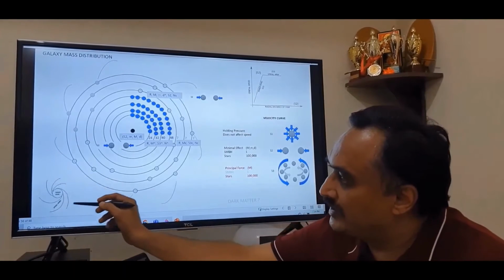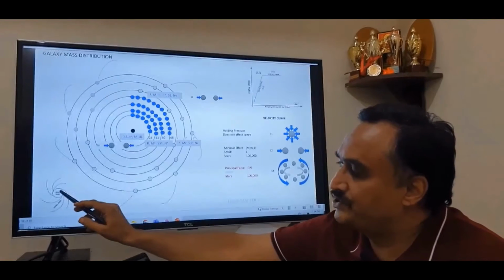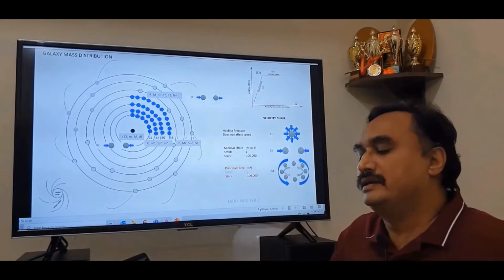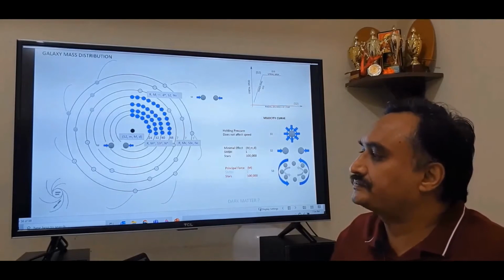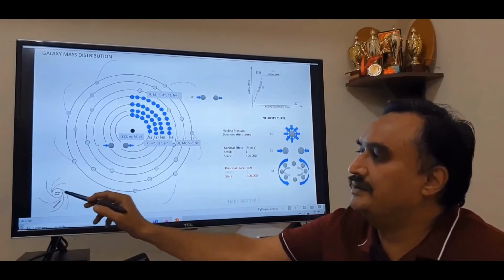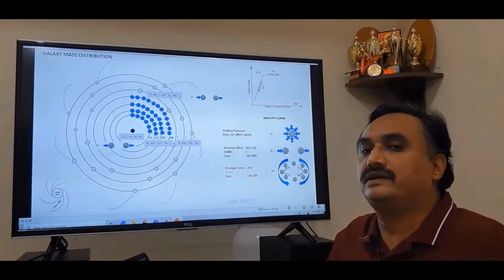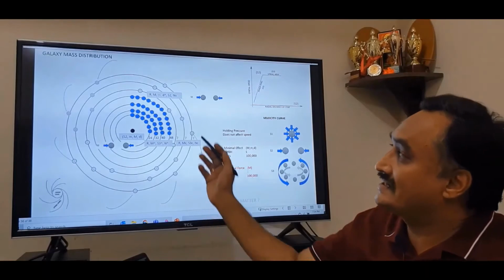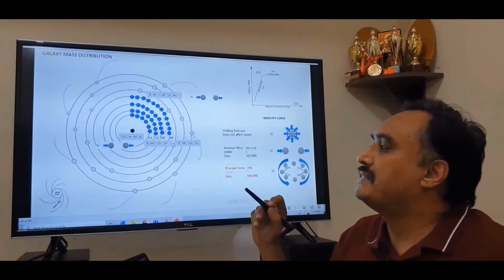We know for sure that the galaxy is made up of a supermassive black hole in the center. Then you have an inner ring wherein the stars are densely packed, and then you have spiral arms around it where the stars are sparsely concentrated. So, let us study the galaxy's mass distribution.